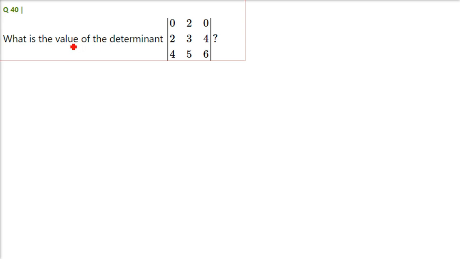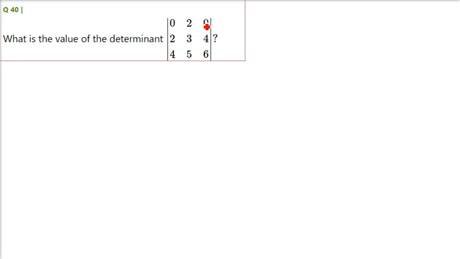What is the value of the determinant? You just see that there are 2 zeros in the first row. So the best way is to open it along the first row. When you open it, it will be only 2. So you'll get the minor as 2, 4, 4, 6.